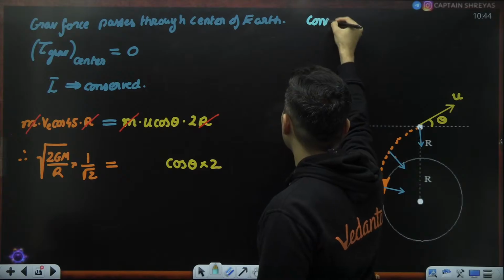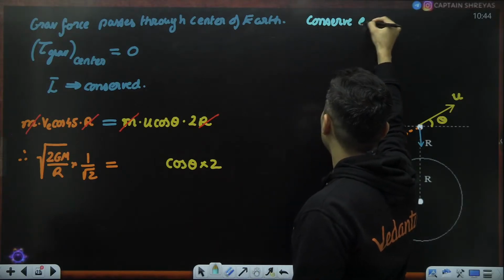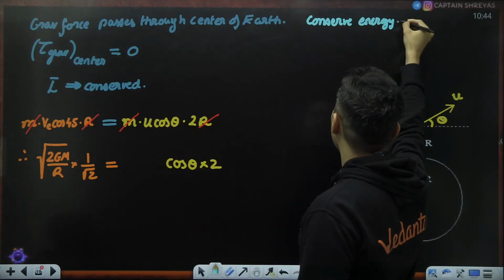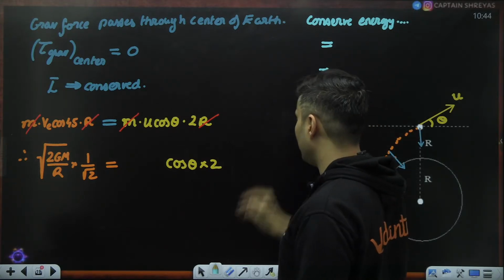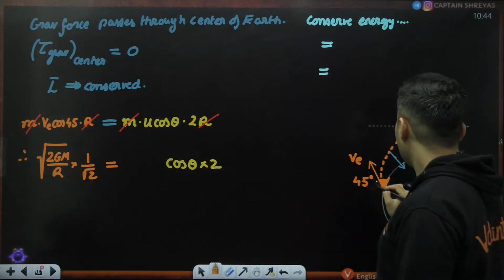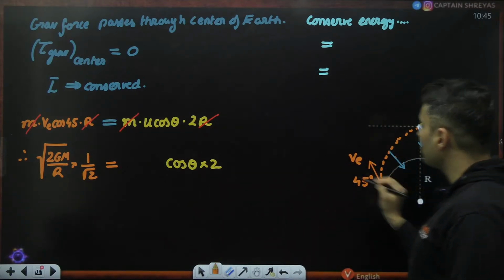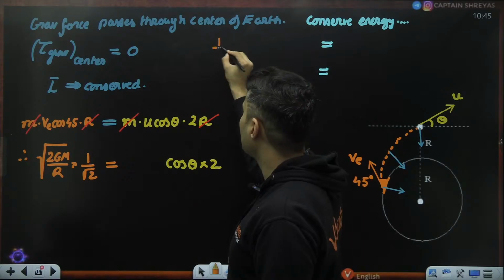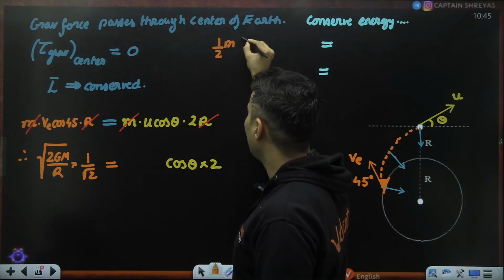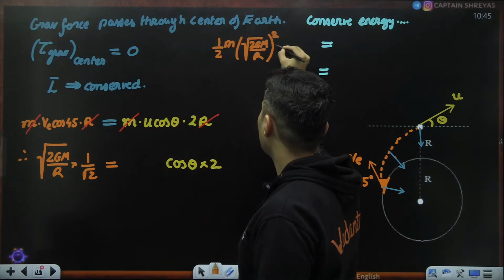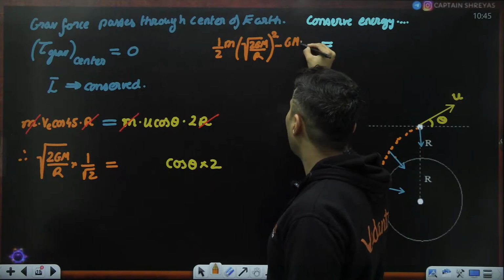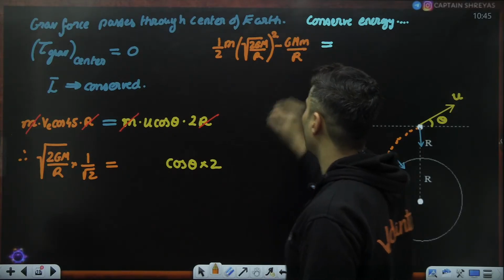So conserving mechanical energy, kinetic plus potential. What is the initial energy? What is the final energy? Let's try to think. Here, it has kinetic and gravitational potential energy. So kinetic energy will be half m times escape velocity, which is root of 2GM divided by R, the whole square, minus GMm divided by R. This is potential energy.